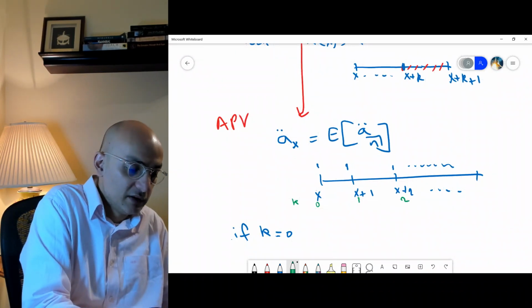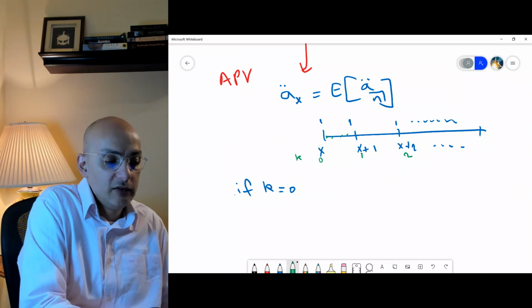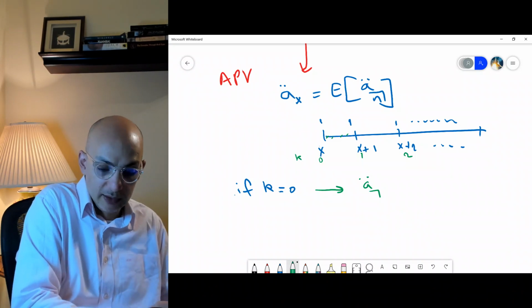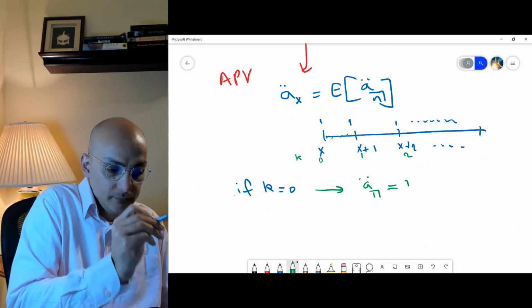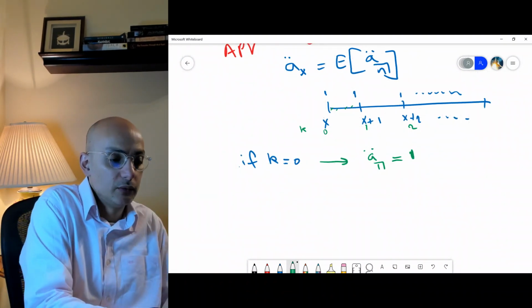So death happens here. Then if k is 0, the individual will get the payment at time 0, which is $1, right?